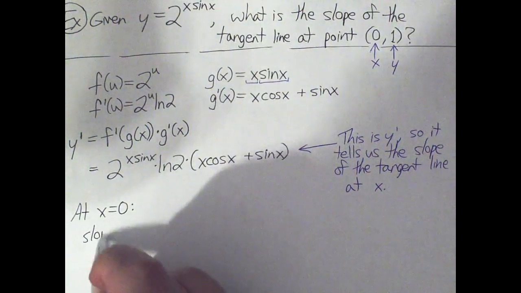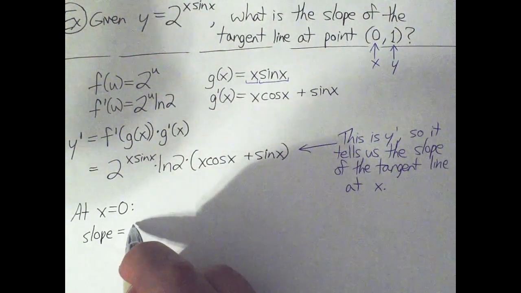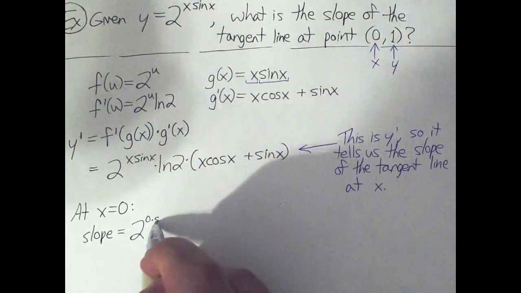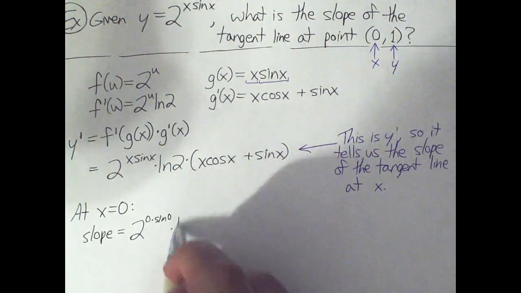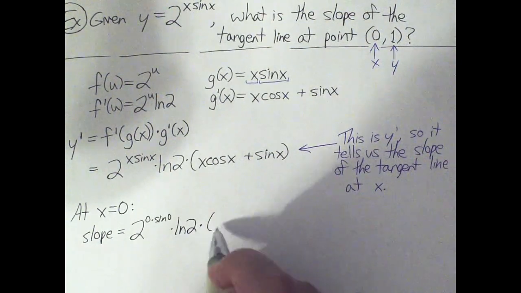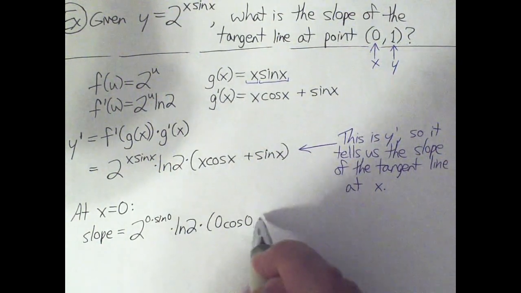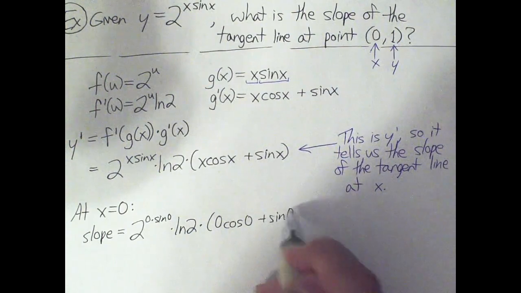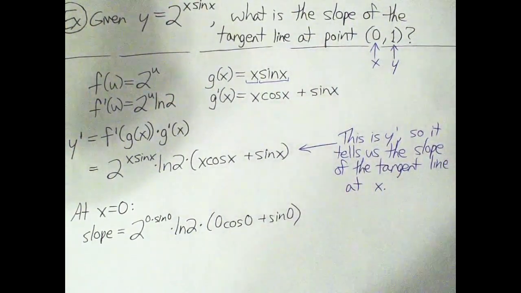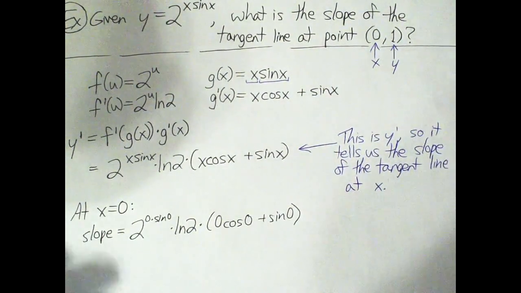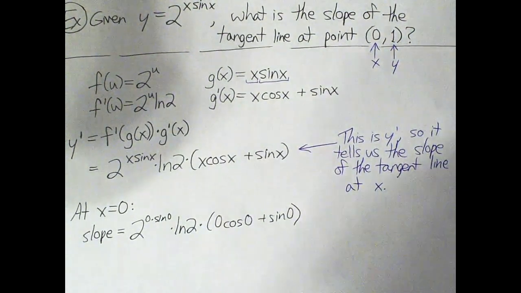The slope is going to be equal to 2 to the 0 times sine 0 times ln 2 times 0 cosine 0 plus sine 0. I put 0 everywhere that an x appears. This should simplify to a number.